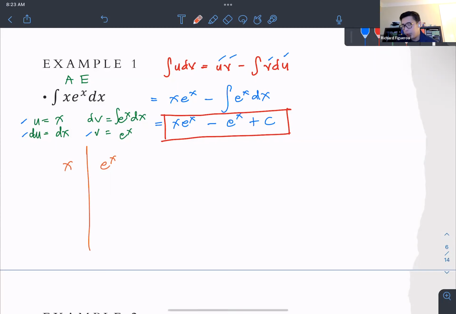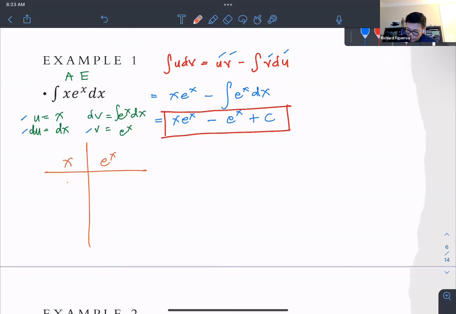Then on the tabular method, we derive, we start with X. So the derivative of X, that is 1. Derivative of 1, it is 0. Right? So nagdi-derive tayo dyan. So naman, integral of e^x, it's still e^x. Integral ng e^x, it is e^x.